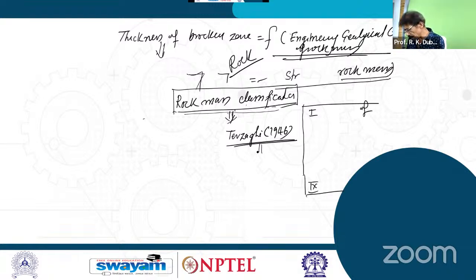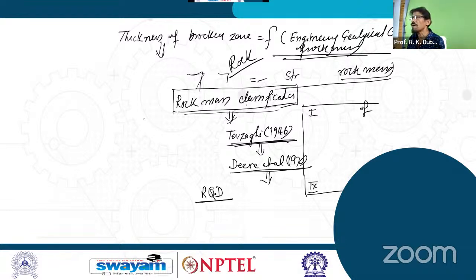And this classification given by Terzaghi was modified later by Deere et al. in 1970. Deere et al. added the concept of rock quality designation.